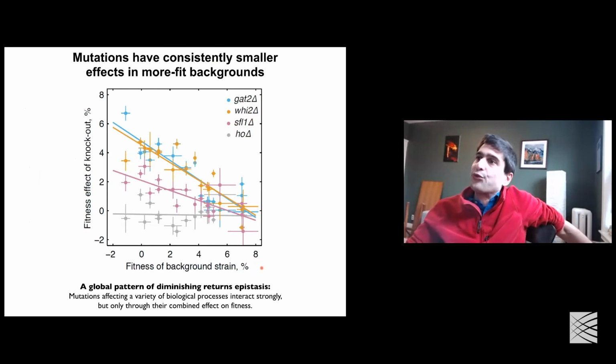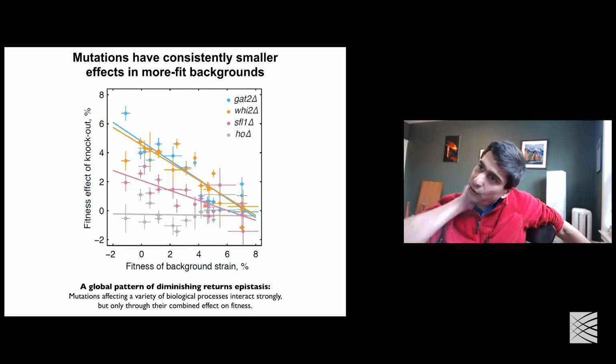So here are 3 examples of mutations, basically deletions in genes, that appear to be beneficial across all these different background strains. And this HO is a neutral control. And what we see is that there's a collection of mutations that are beneficial across many, many genetic backgrounds.